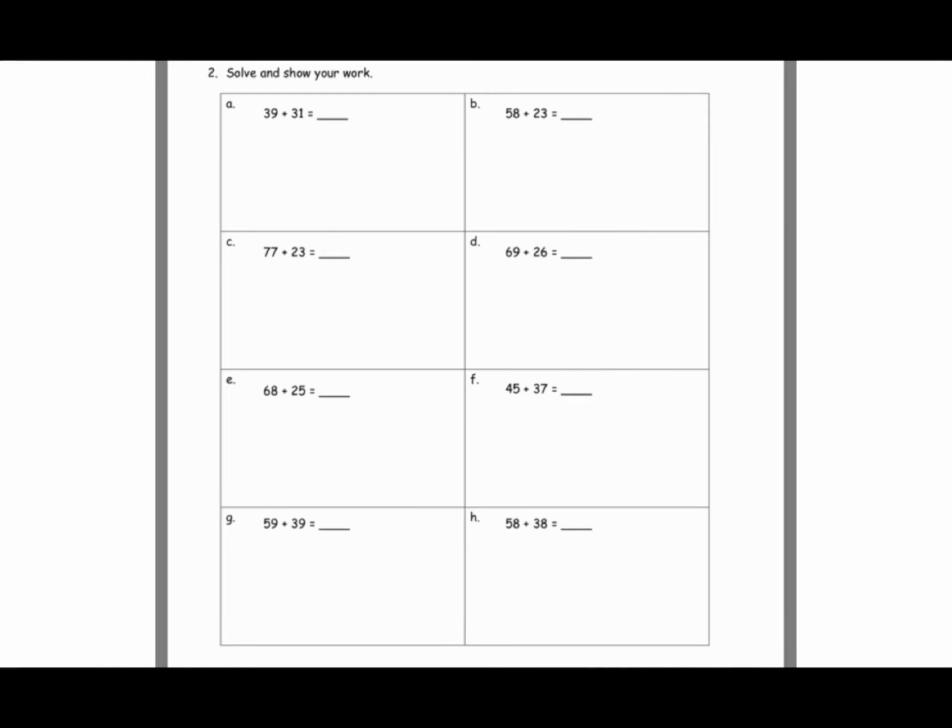Okay, boys and girls, let's go ahead and start with the first one. And oh boy, this first one, I see a very simple way to figure it out. 39, I just need one more to make the next 10, so it's going to be 1 and 30.